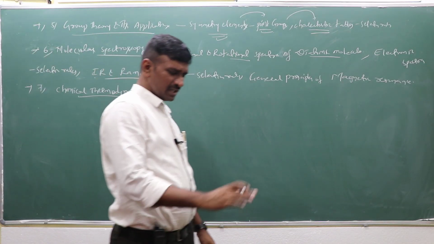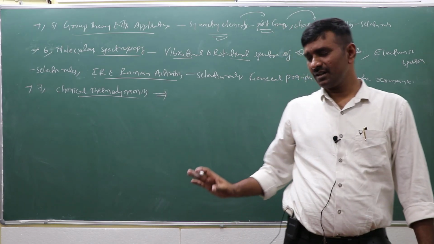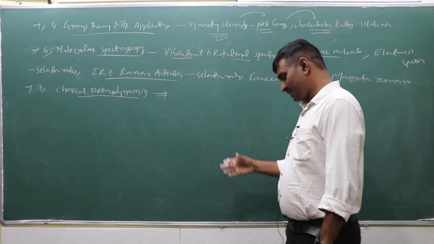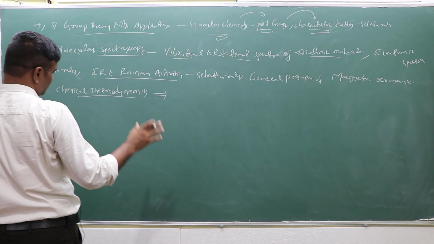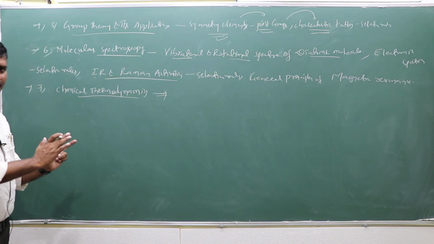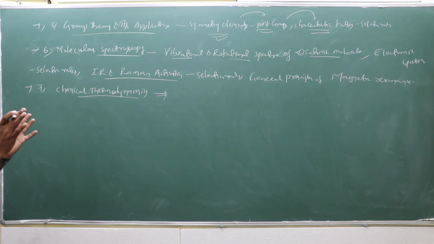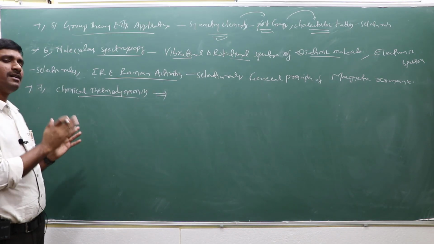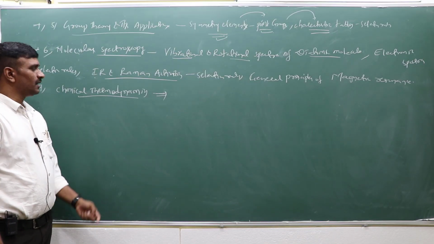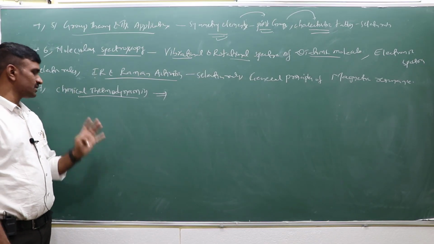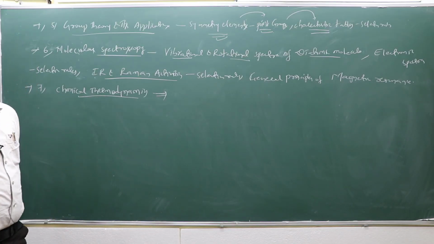You can compare the last 10 years of previous examinations; nearly 15 marks are covered. Minimum 10 marks, maximum 15 to 20 marks in some examinations. Minimum you can expect 15 marks from chemical thermodynamics.